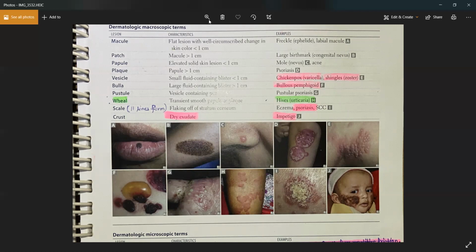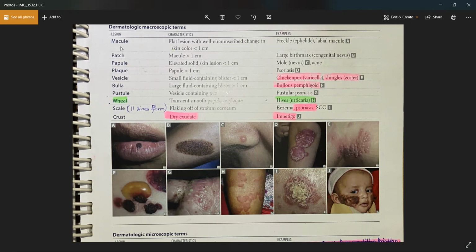Then you have the bulla, which is a large fluid-filled vesicle of size more than 1 centimeter. So whenever you encounter a patient having fluid-filled vesicles of size more than 1 centimeter, they're talking about the bulla, right?